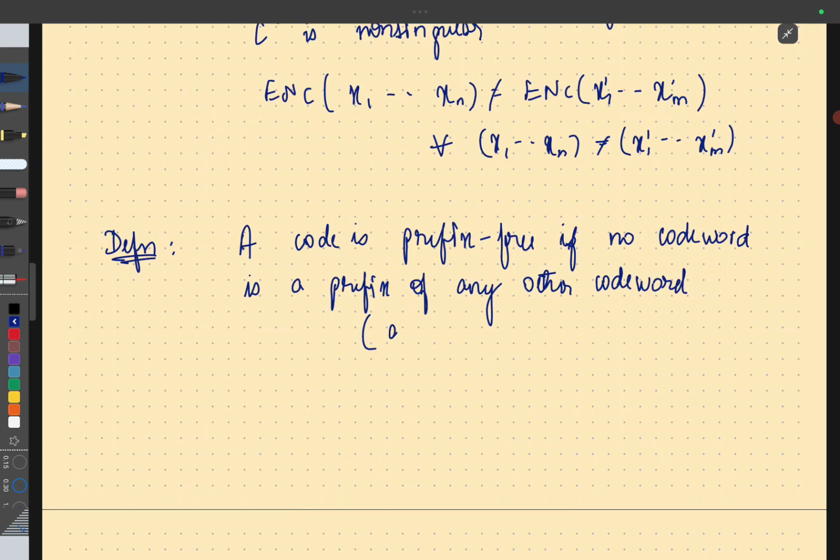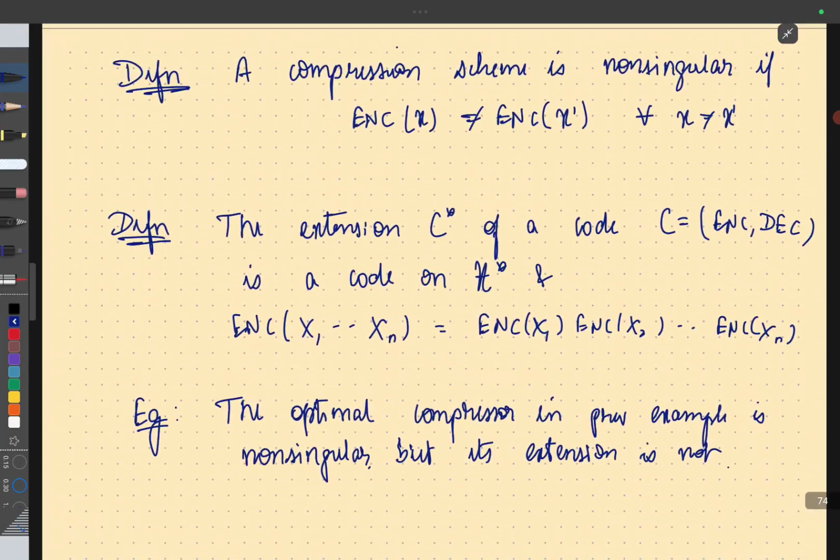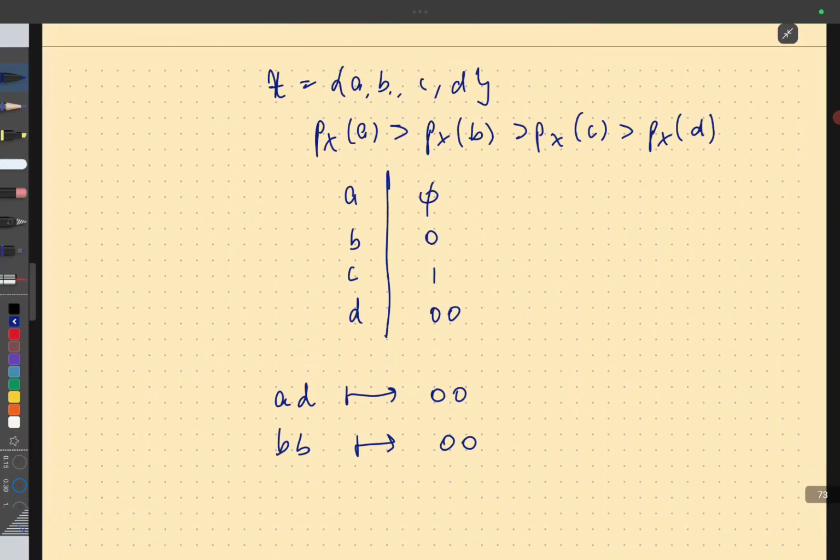Such a code is also called instantaneous. Again, if we go back to this example over here, this is not a prefix-free code, because 0 is a prefix of 0, 0, and phi, the empty string, is a prefix of all other strings.